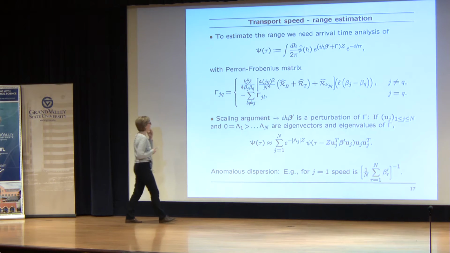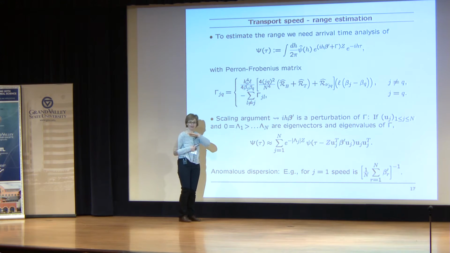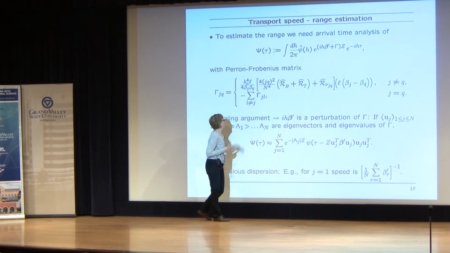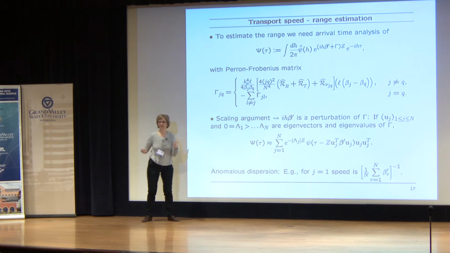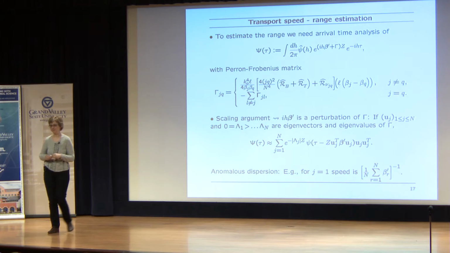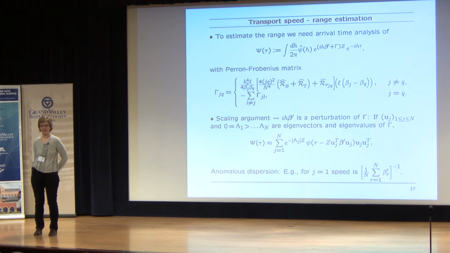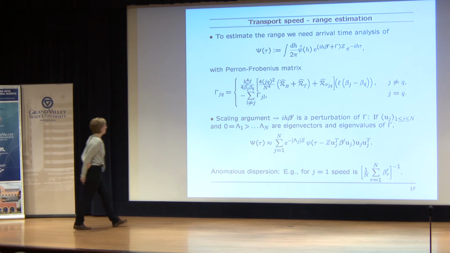Okay? So it's a matrix that has a one-dimensional null space, which is spanned by the eigenvector, which is just a vector with equal components. And then it has all the other eigenvalues negative, and that has to do with conservation of energy. The eigenvalues cannot be positive because otherwise energy will blow up, which of course doesn't make any sense.